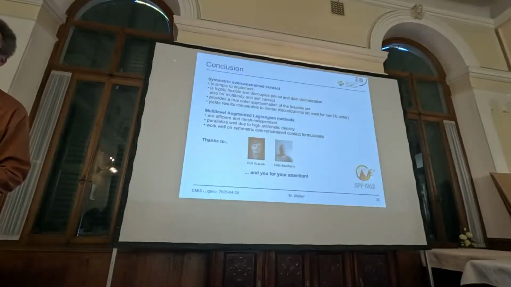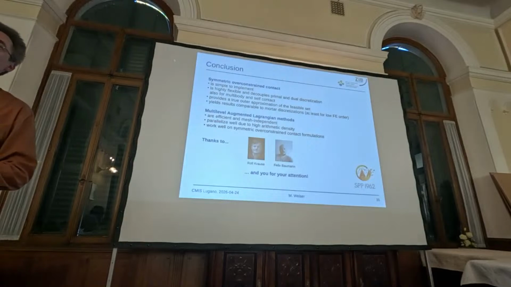I have a couple of questions and one comment. This is the Babuška paradox, in a sense. If you have a circle and you cut it like that in finite elements, there will appear this sticky behavior.